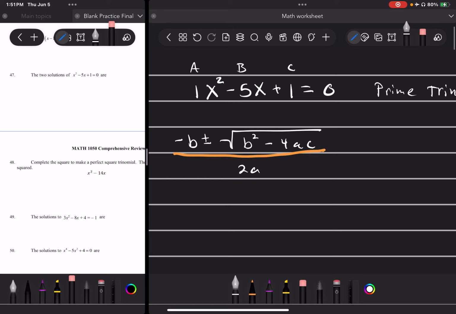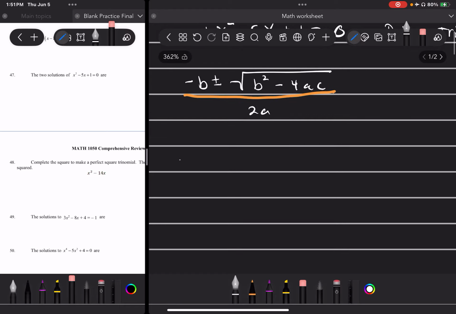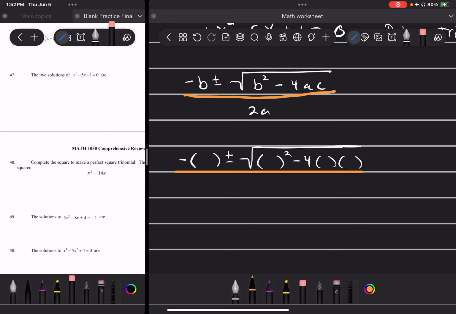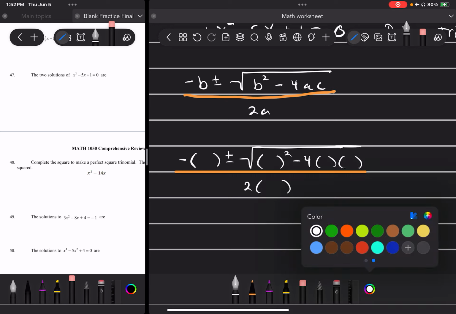Step number 2 when using a formula is negative parentheses plus or minus square root parentheses squared minus 4 parentheses parentheses. The second time we write it, we're going to keep it with parentheses for now. And then our third step is to insert the numbers.